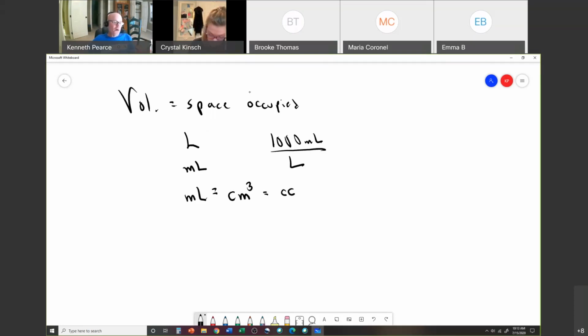If any of y'all decide to go into some sort of medical field, either you're going to become a doctor or nurse or a veterinarian, you will see the term cc's, as in, you've got someone who's having a heart attack and you say, give me 4.5 cc's stat, right? What they're saying is give me 4.5 milliliters of whatever. And stat means quickly.